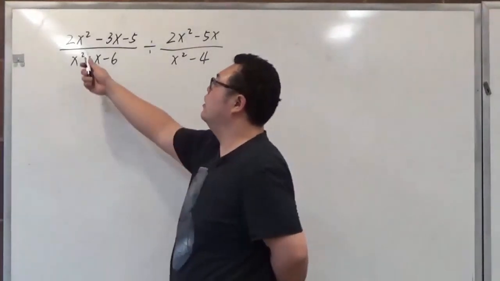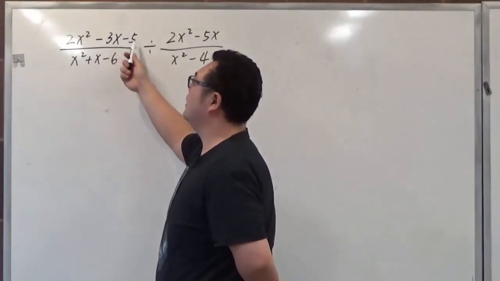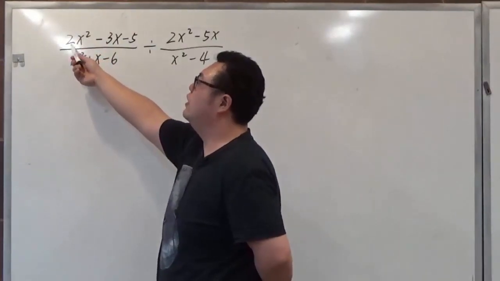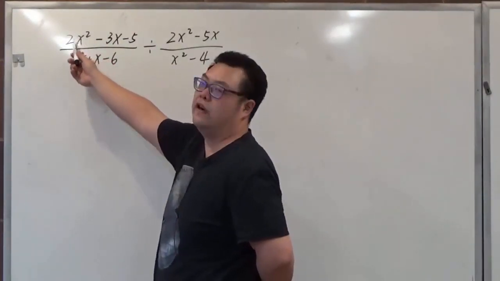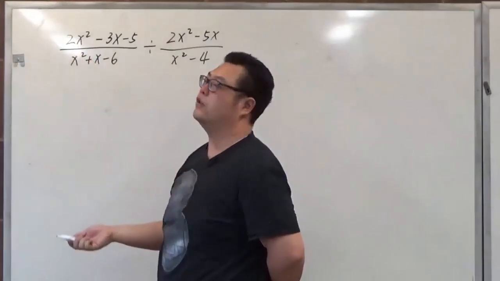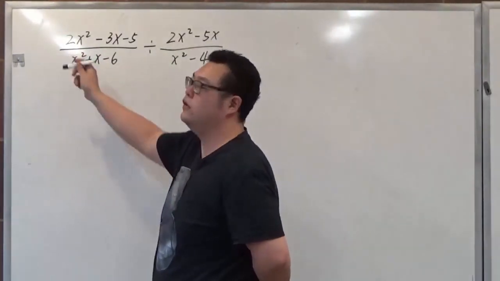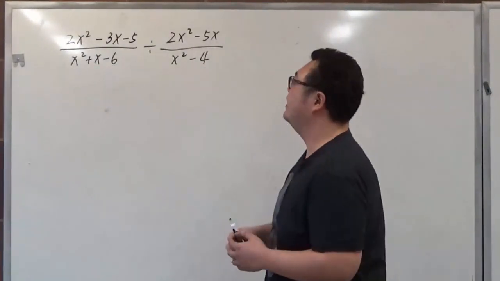So we see here we have 2x squared minus 3x minus 5. This is the most general form we have. The coefficient in front of our x squared term is not 1. But on the denominator we have the coefficient equal to 1, which makes it a little bit easier.